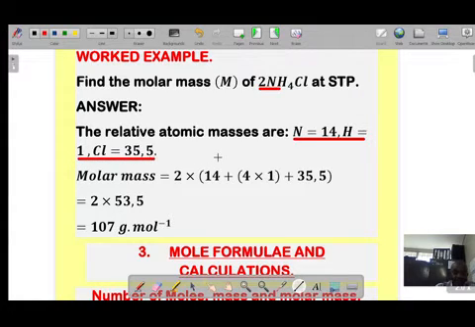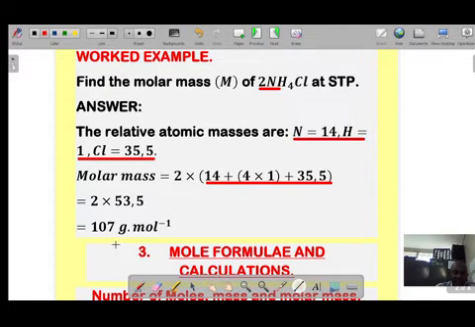So you see there are 4 hydrogen atoms here. It's going to be 4 times 1. What about nitrogen? It's only 1 nitrogen, also 1 chlorine atom. So it means I'm going to have it as what? It's going to be 14 plus 4 times 1 plus 35.5. And then multiply by 2 because of the 2 which you saw here.